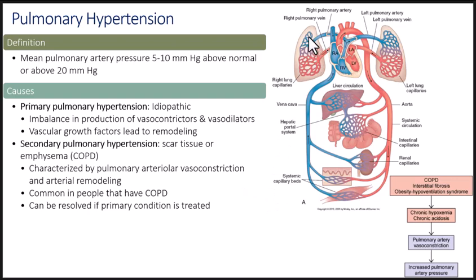If we get constriction of these vessels here, these pulmonary arteries and the branches, that normally shouldn't happen. All of a sudden, what we've done is we've narrowed the vessels through here. If we narrow the vessels through here in one area, it means less blood can move through it. So it's going to back up and increase pressure back through here.